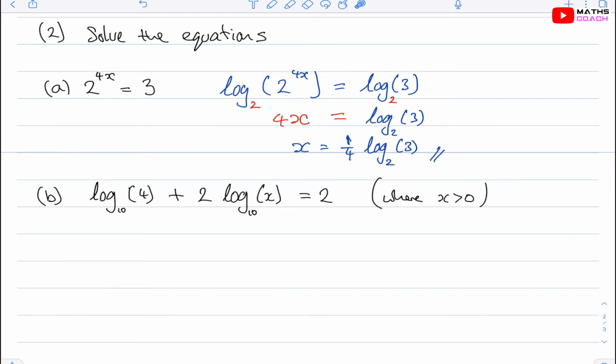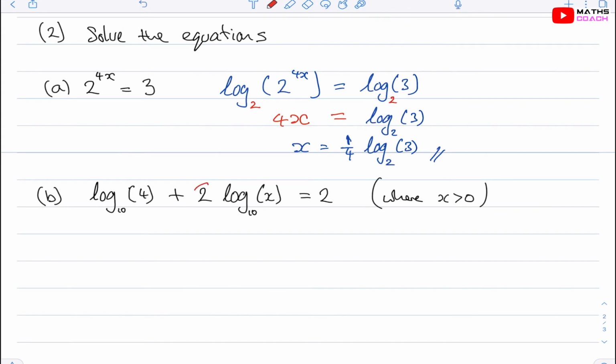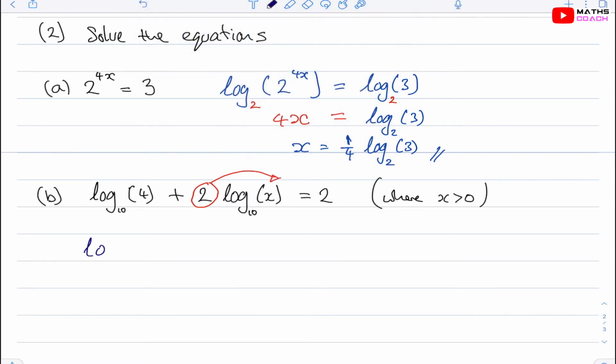the laws of logarithms. So first we will need to do something about this coefficient here, because the coefficient has to be 1, so we're allowed to move that to the top as a power, and we can rewrite the equation as log of 4 to base 10 plus the log of x squared to base 10 is now equal to 2.